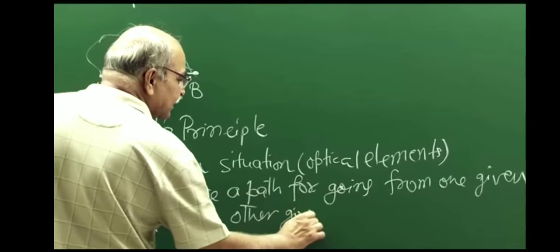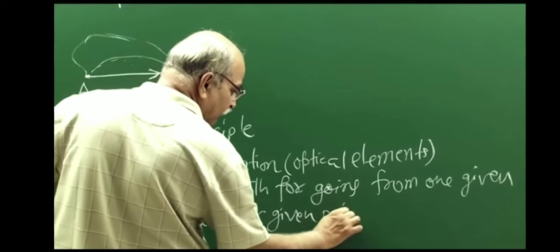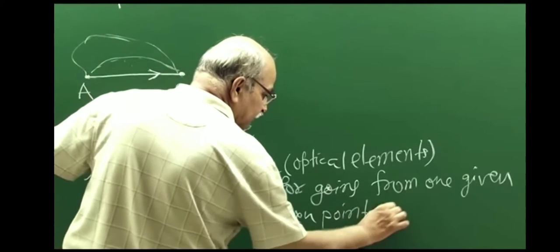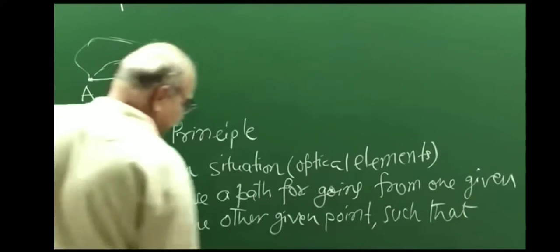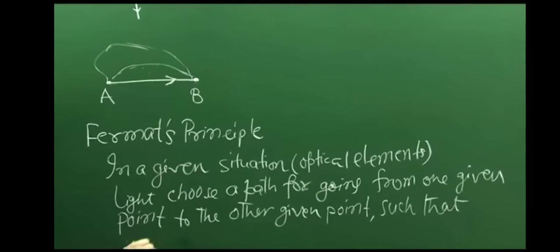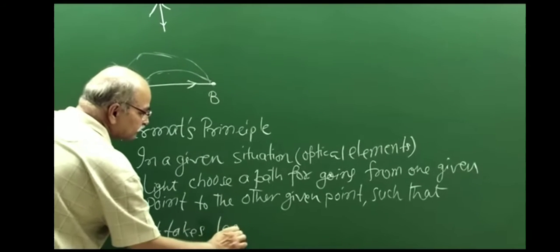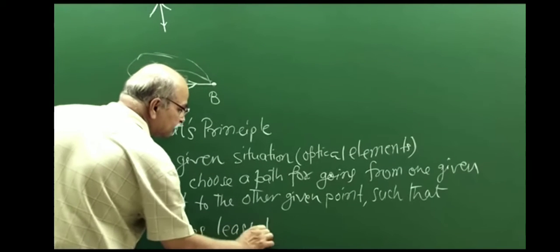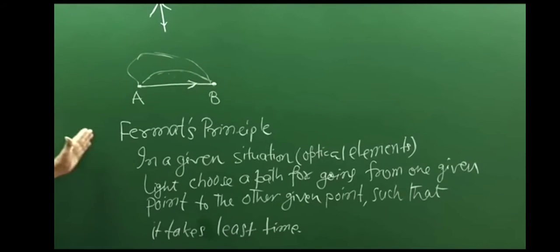So 2 points are given, A and B. Such that it takes least time. Okay, so this is called Fermat's principle.